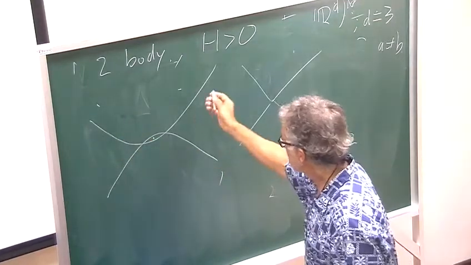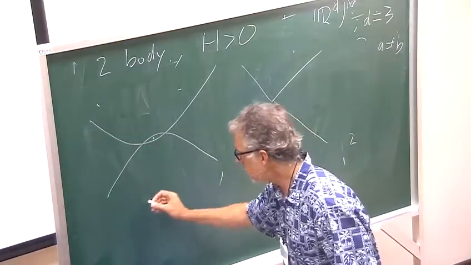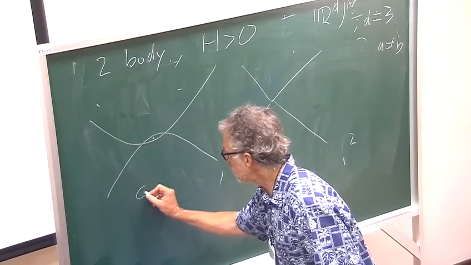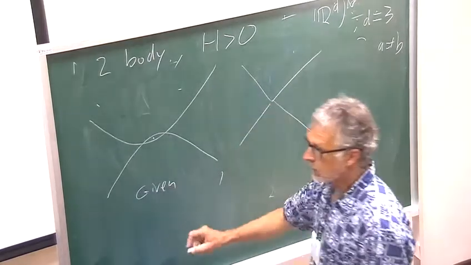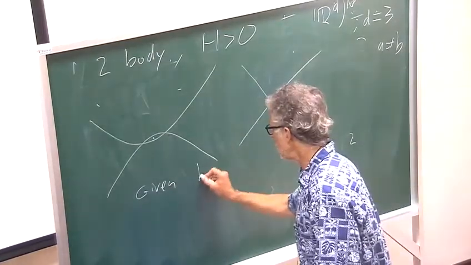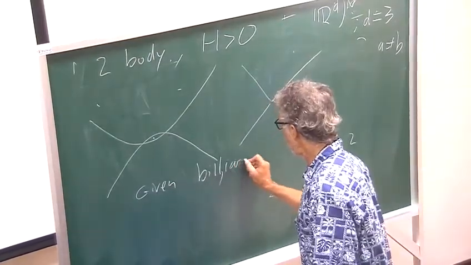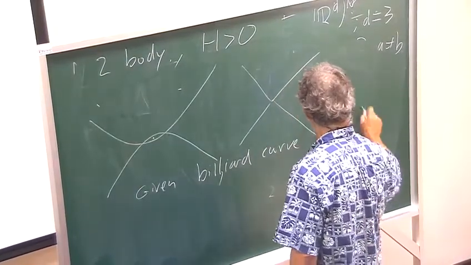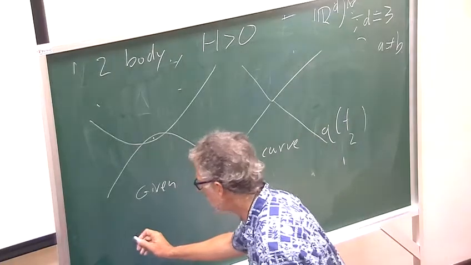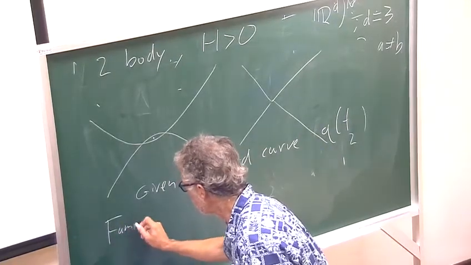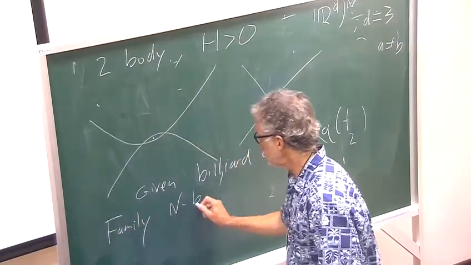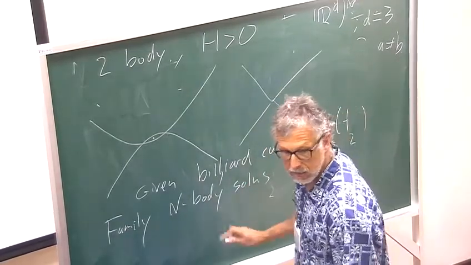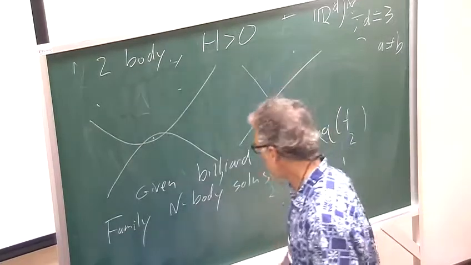But the idea of the theorem, what we think is a theorem, is going to be something like this. Given a billiard curve Q of t, you want to find a family of n-body solutions. They're going to have positive energy, and he doesn't care positive or negative.